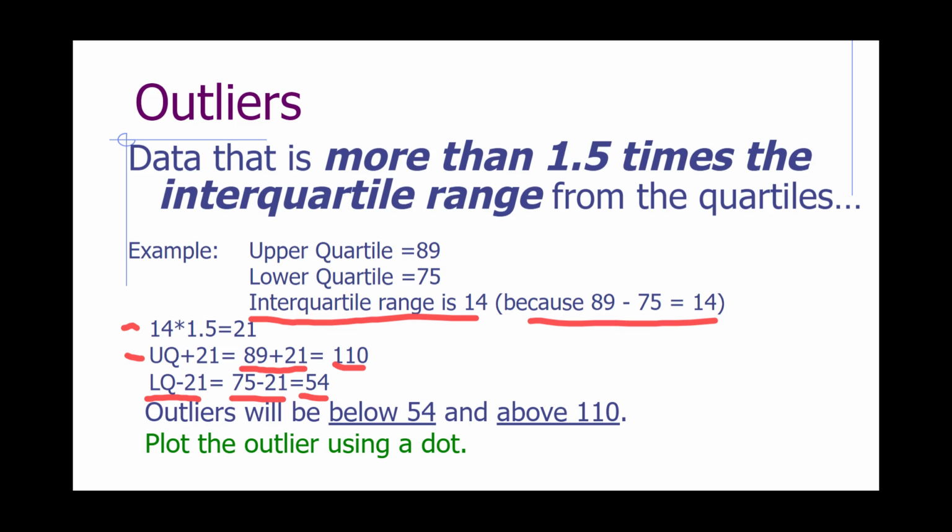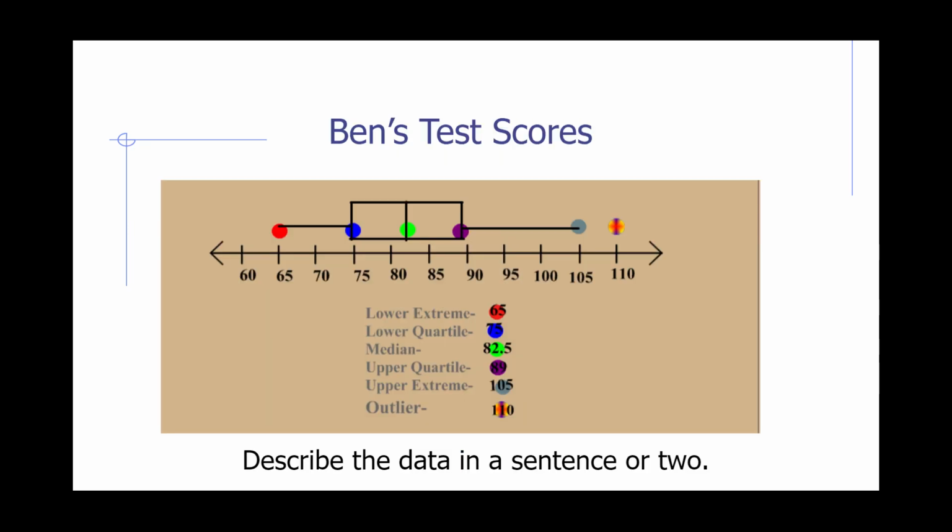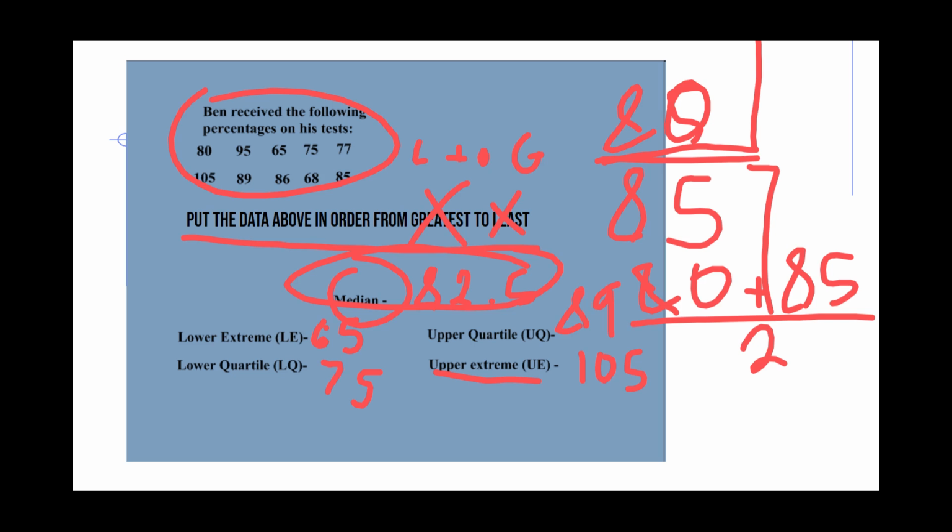That means it's way too far outside of the 25% range of the upper extreme and the lower extreme, so we're not going to count it as part of the 25% we see when we break it up into quartiles. We plot it using a dot. Looking back at Ben's data, he didn't score anything above 110 or below 54.